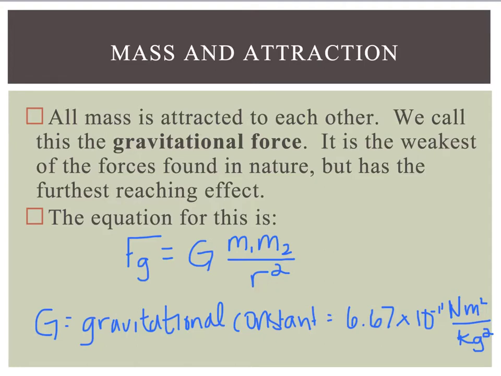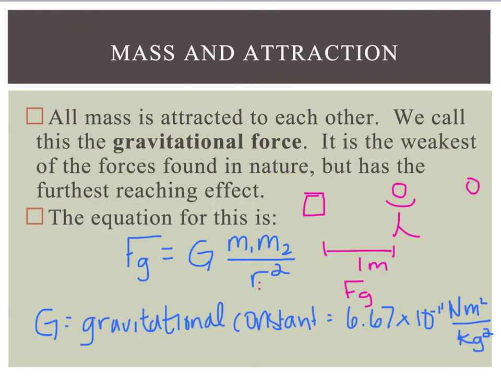I want to pause here and point out something. Say we have a block, and then we have a person. If the distance between them is 1 meter, then the force of gravity, we could just say it's Fg at this point. That distance, 1, we square it, 1 squared is 1.